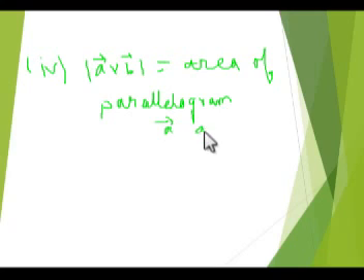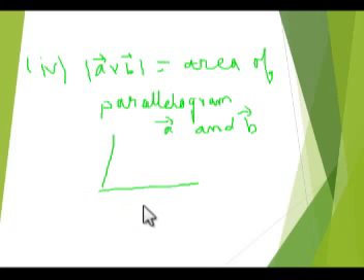If you go to a diagram, then you can understand what it means. If you draw a parallelogram, this is A vector and this is B vector, both with their directions.